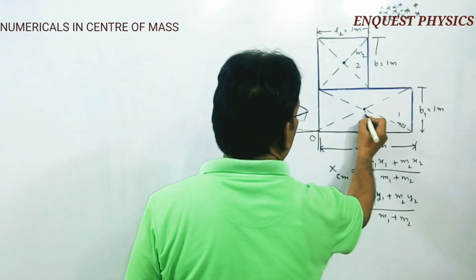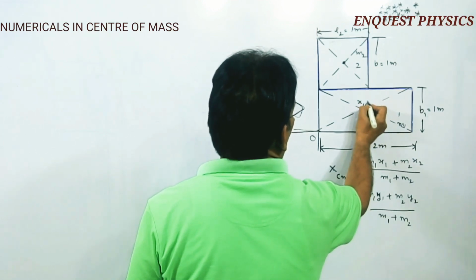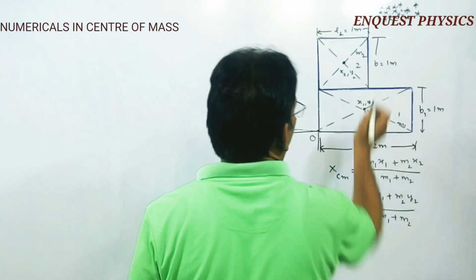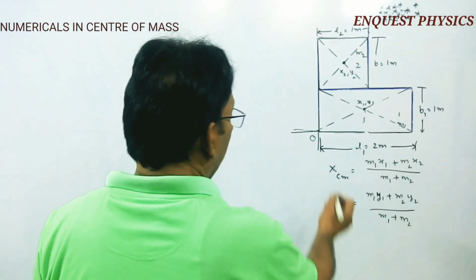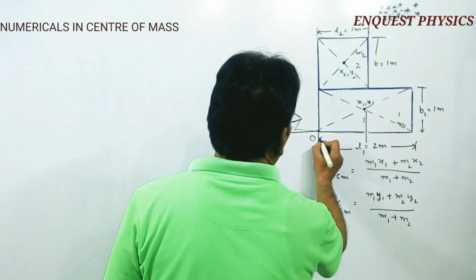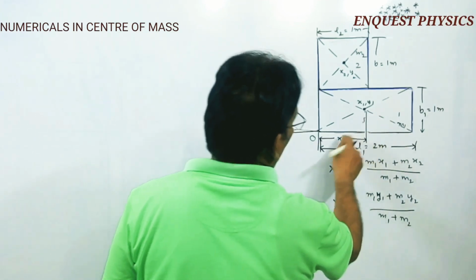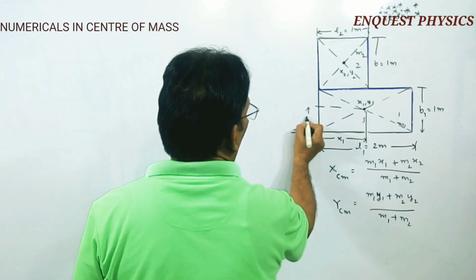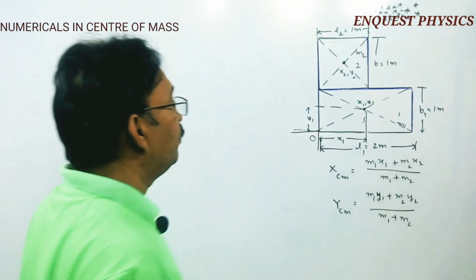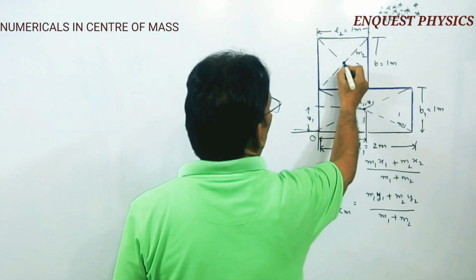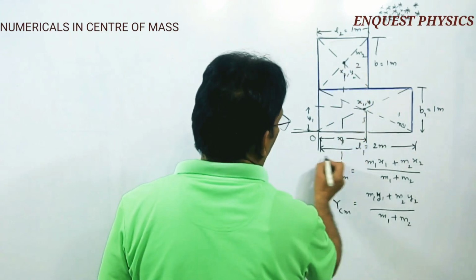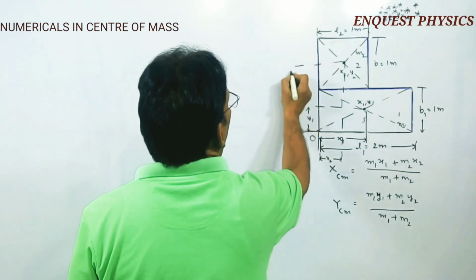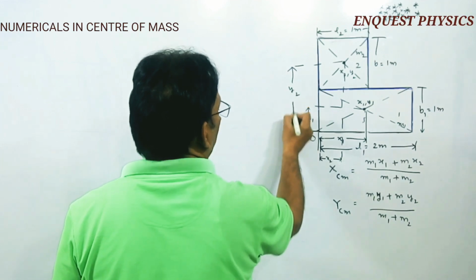By help of these two centroids, we have to find the coordinates. These are x1 and y1, and for this x2, y2. Students, this length is obviously x1 up to the center, and here it is y1. Similarly, this is x2, and up to here it is y2.